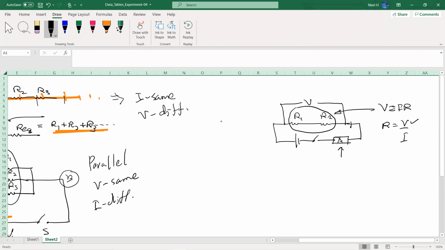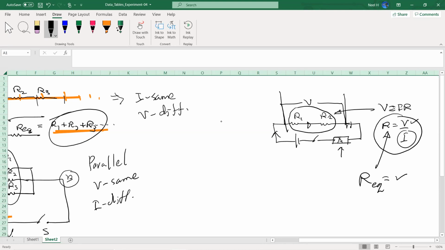This V is the voltage across both resistors. The current is the current passing throughout the circuit, through both resistors. Because of that, if you apply Ohm's law, the resistance value we calculate here is going to be the effective or the net or the equivalent resistance of this circuit. So that should be exactly the theoretical value we calculated earlier by using this formula, about 40.5. That's the plan. Okay, so we'll test it out now.